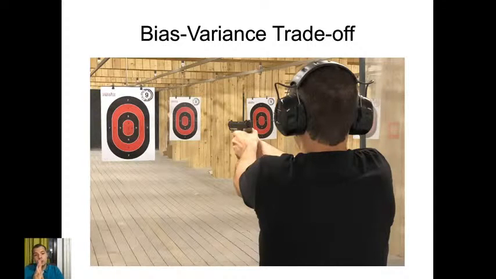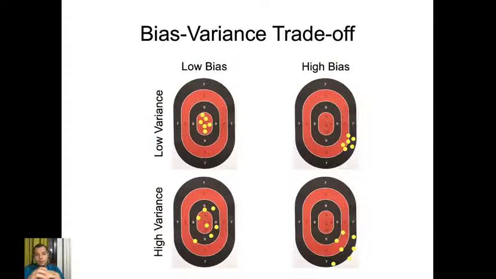If you think of shooting, for example, at a target, and look at how the bullets hit the target, ideally you want an optimal model, with not too much bias and not too much variance. If your model has low bias and low variance, your predictions are on target.